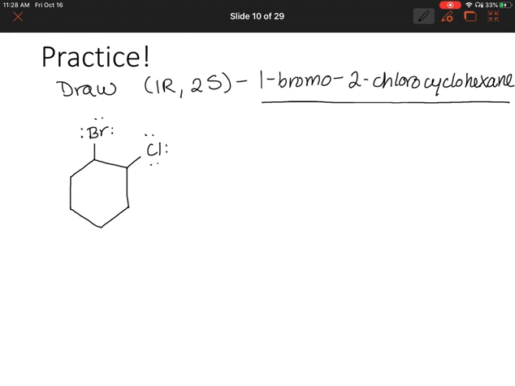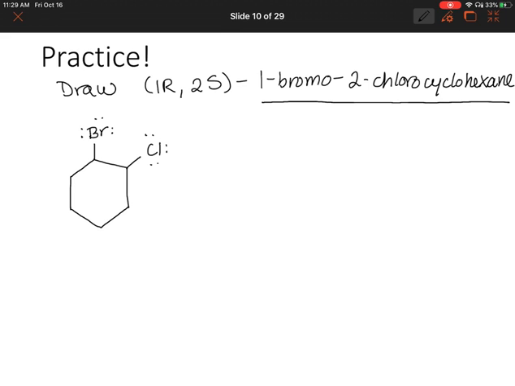Now we have to figure out how to draw this so that the carbon that bromine is attached to has an R configuration, and the carbon that chlorine is attached to has an S configuration.